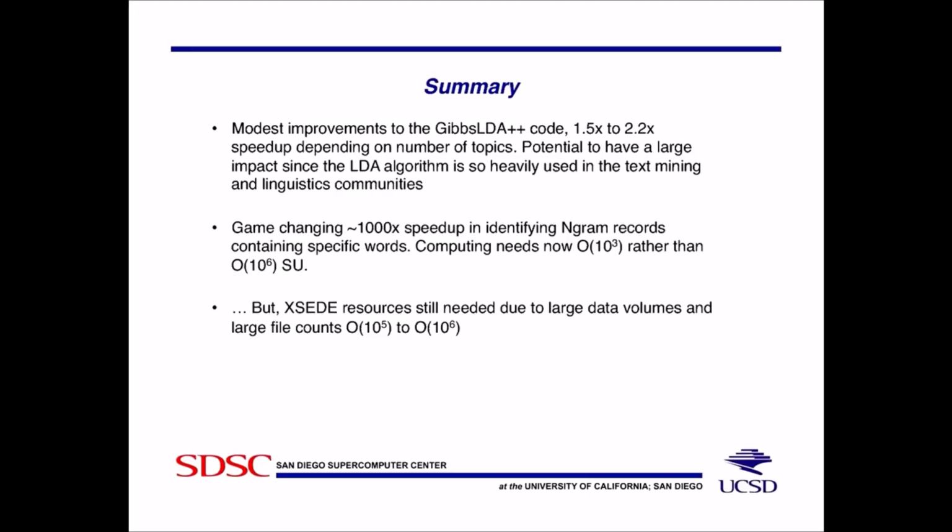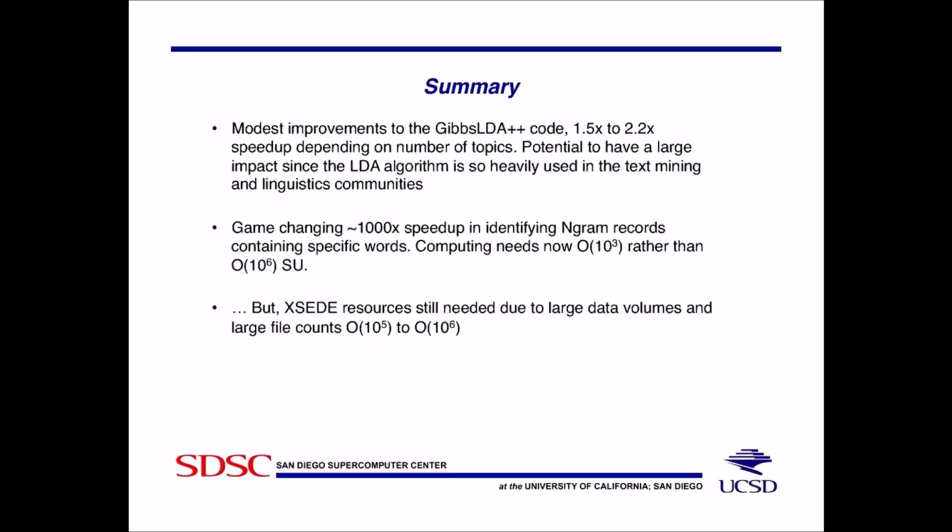They had written their original allocations request asking for on the order of 1 million SUs. Their computing needs are now about on the order of thousands of SUs. And I should say, when I looked at the amount of data that they had to process, what they really needed was quite a bit more than the 1.5 million they had asked for. It would have probably been on the order of tens of millions.